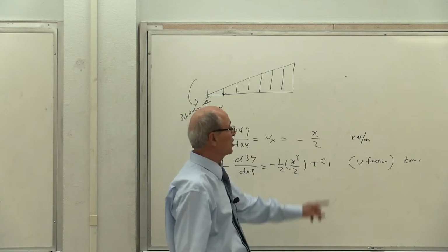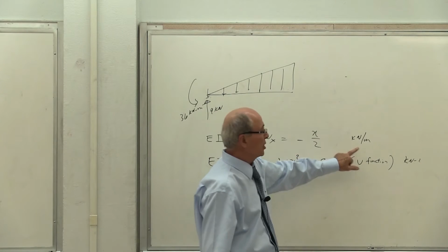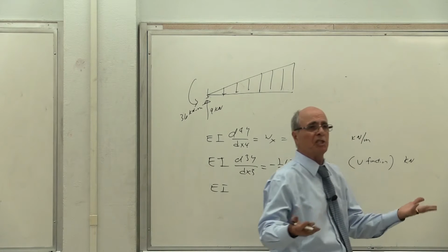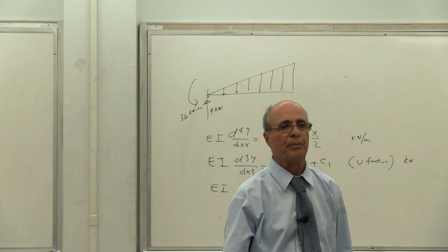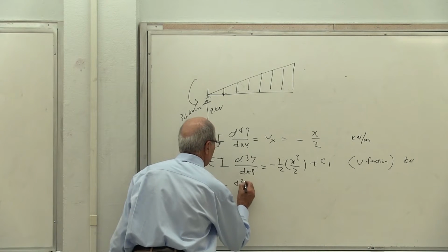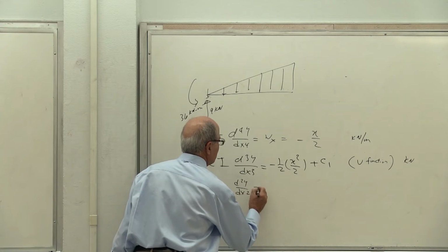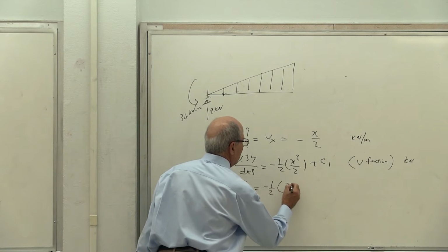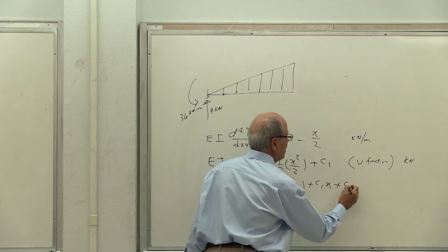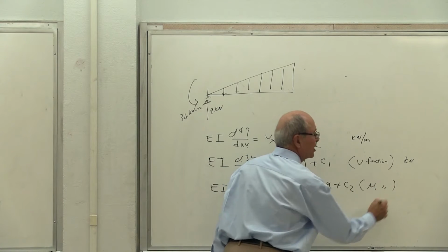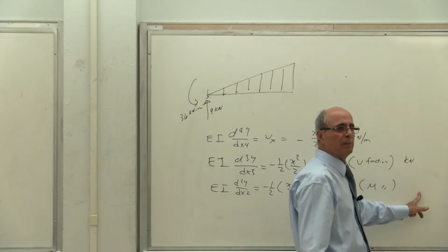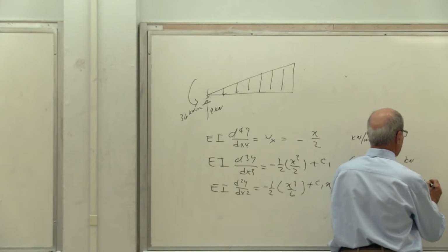That becomes multiplied by meter, so it becomes kilonewton because this is shear. Shear is in kilonewton. Then EI d2y over dx squared is equal to minus 1/2 of x3 over 6 plus C1x plus C2, which is the M function. The unit will be kilonewton meter.